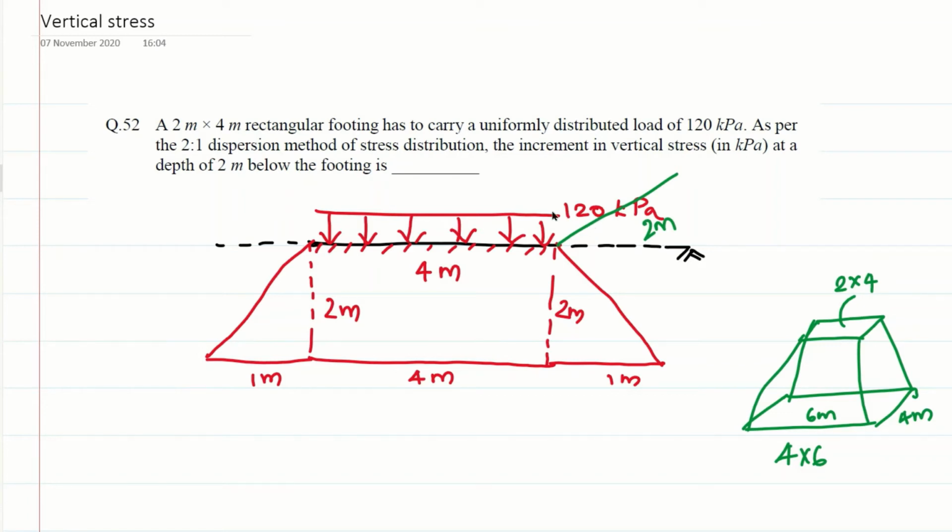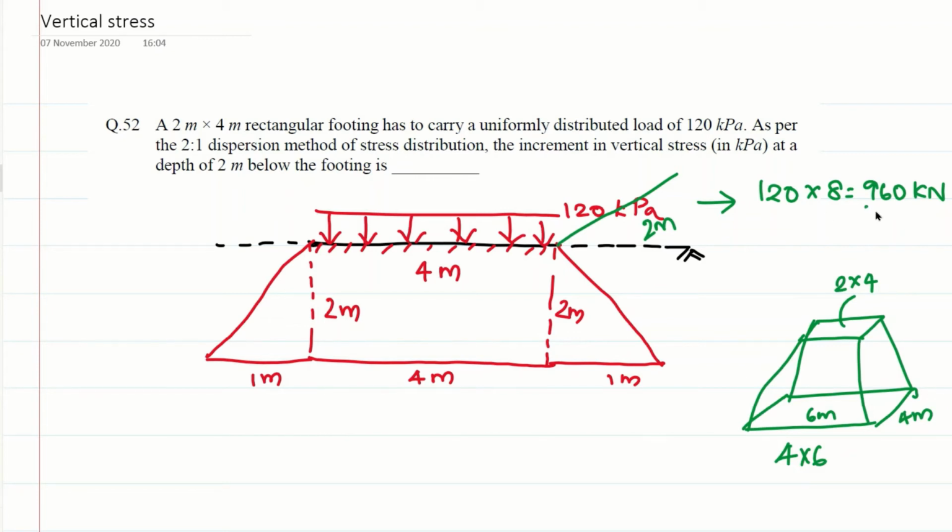This is load intensity. So the load acting on this area is 120 into 8, which gives you 960 kilonewton. So this same load is acting over an area of 4 by 6 meter at the depth of 2 meters.